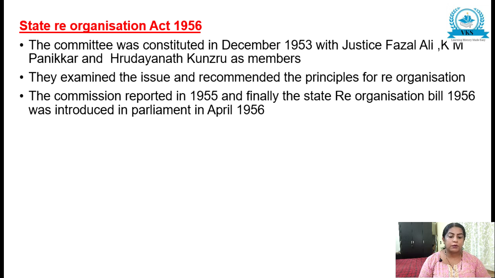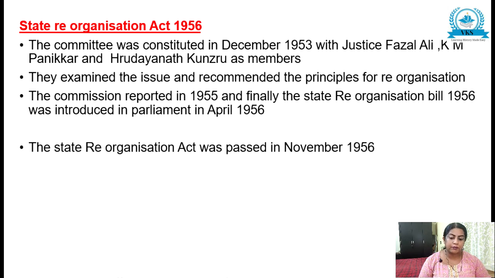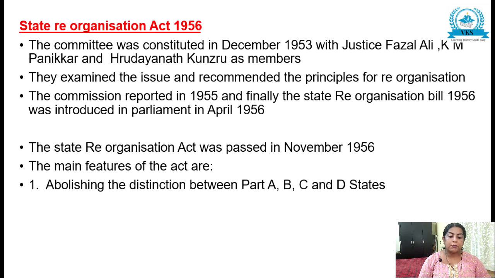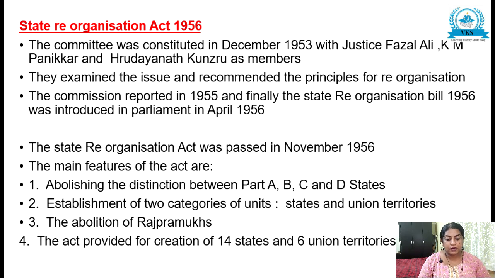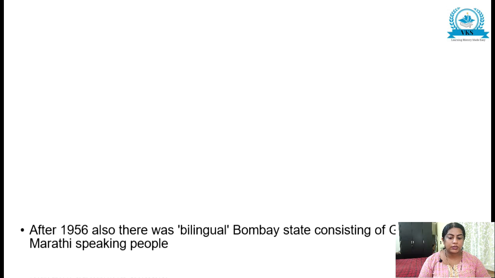The Commission reported in 1955, and finally the State Reorganization Bill 1956 was introduced in Parliament in April 1956. The State Reorganization Act was passed in 1956. The main features of the Act are abolishing the distinction between Part A, B, C and D states, establishment of two categories of units, states and union territories, abolition of Raj Pramukhs, and the creation of 14 states and 6 union territories.